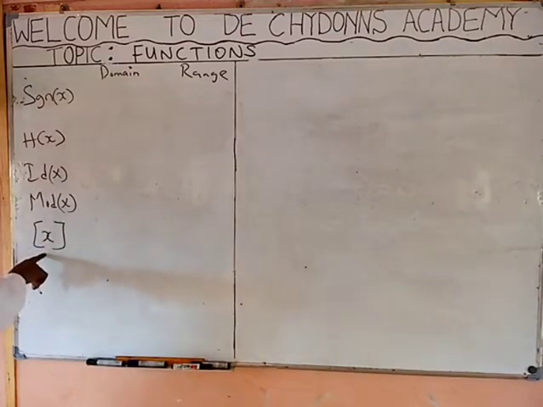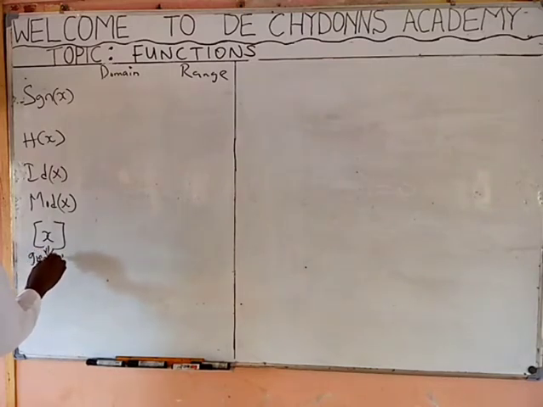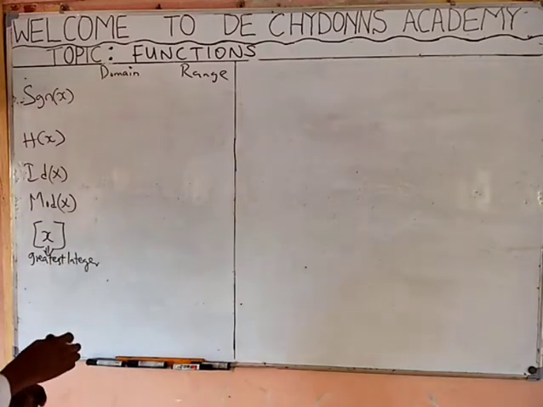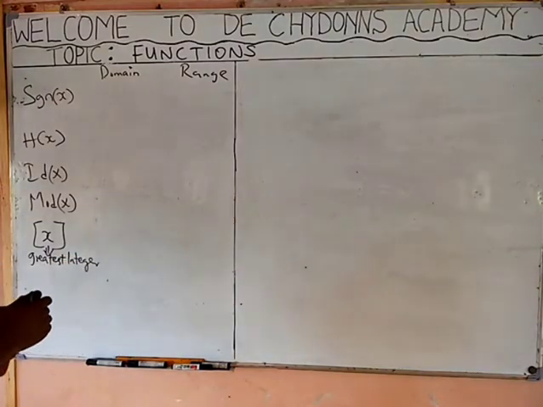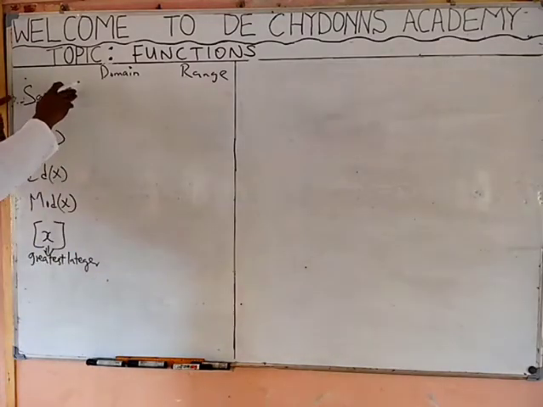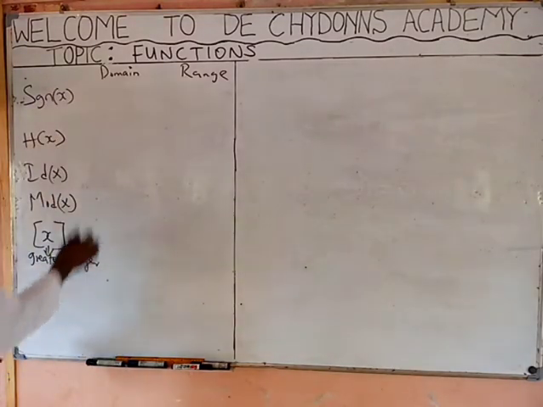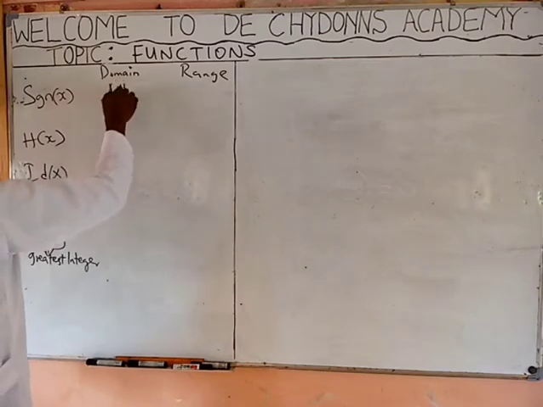This means the greatest integer function. Then the domain of all these functions we wrote down are all real numbers.